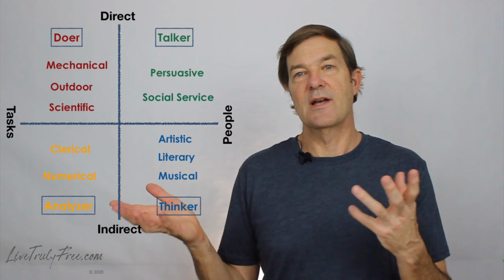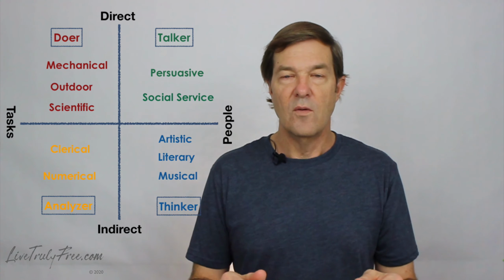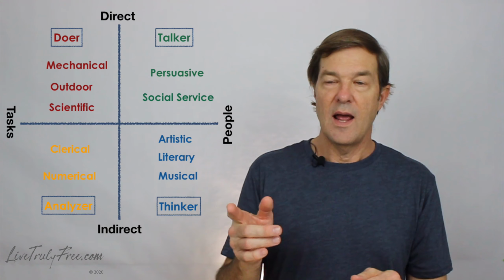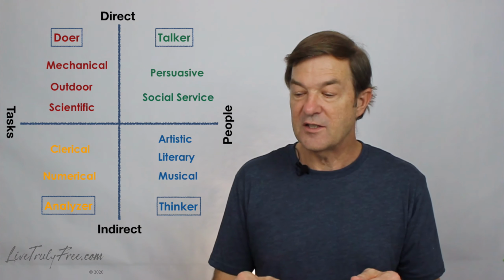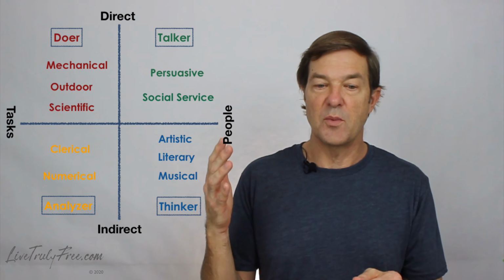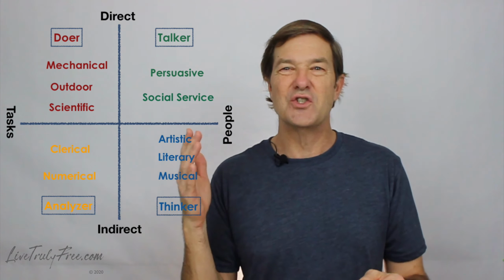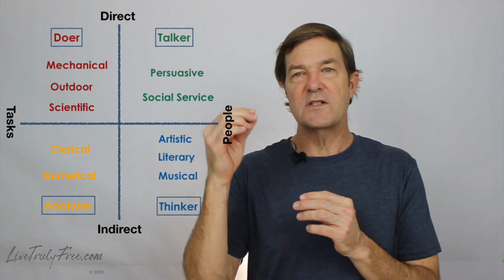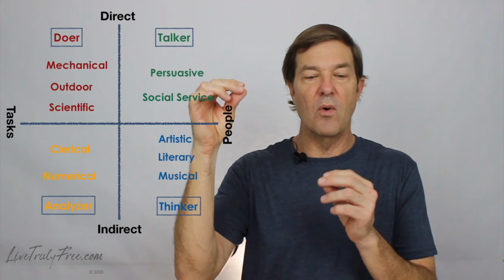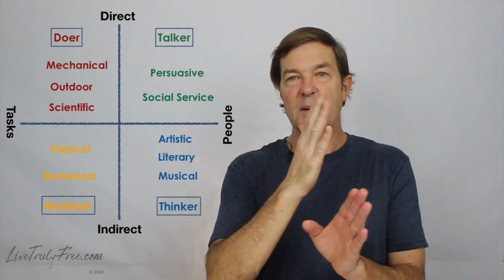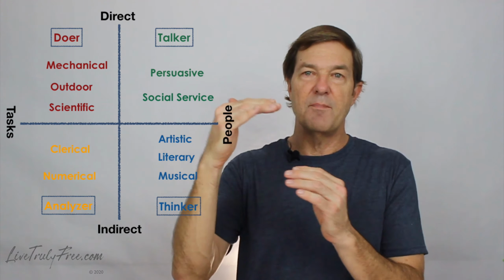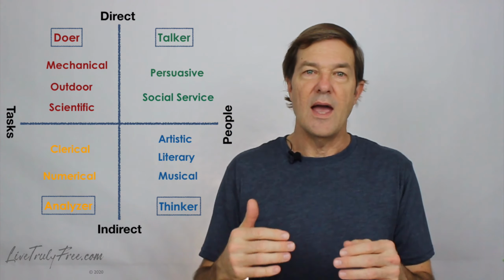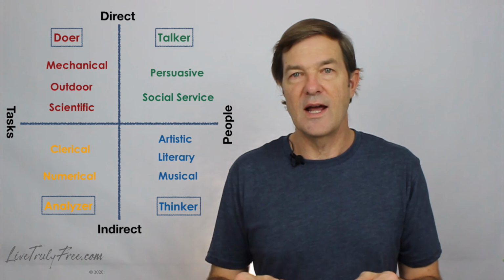Because I've done the Birkman, I know where they put me. They put me in the green. And I think that's because right below literary is persuasive. My social service is so high that my social service and my persuasive are pulling me up in the green more than my blues are pulling me into the blue. But I'm definitely to the people, and I definitely pull up into the green. That's long-term orientation.